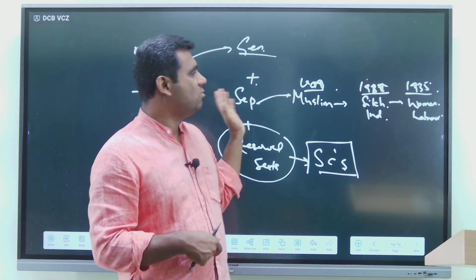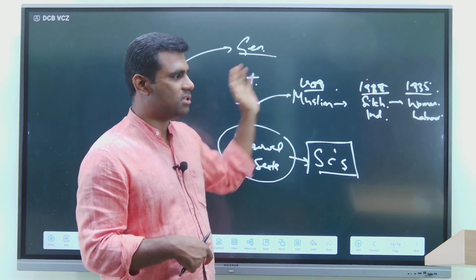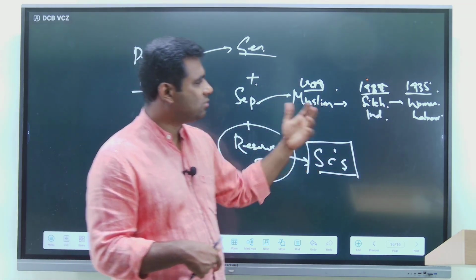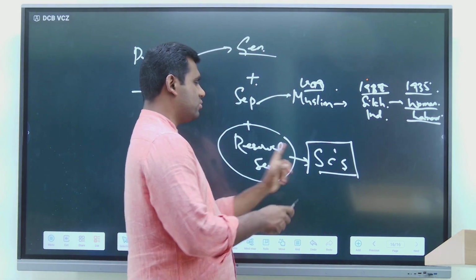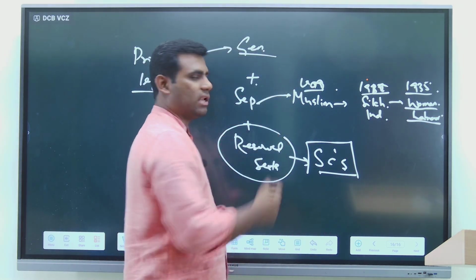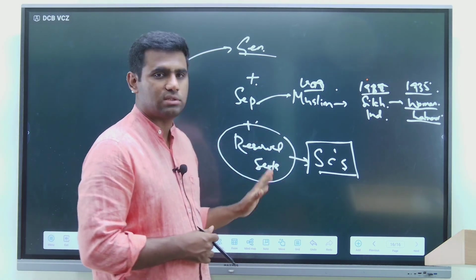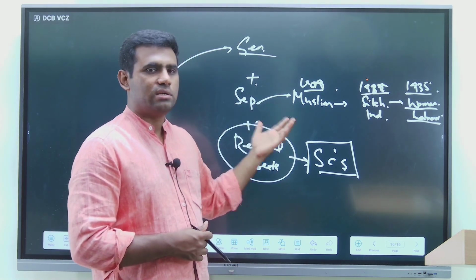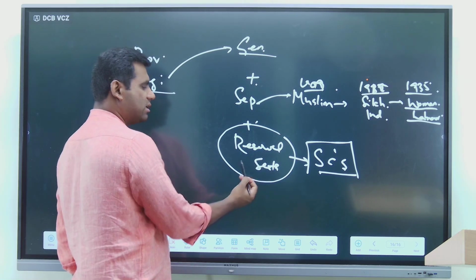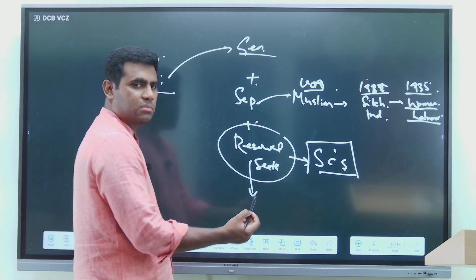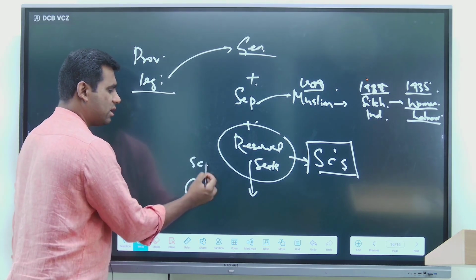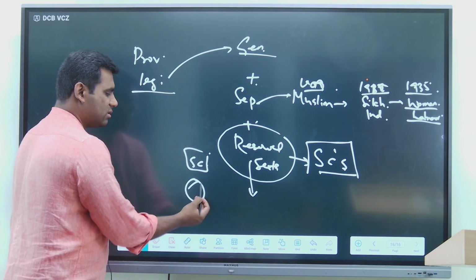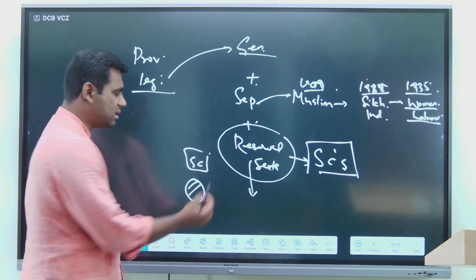So this is how the idea of separate electorates was further utilized to give representation for both women and labor, whereas when it comes to scheduled castes, it was not separate electorates, it was reserved seats, right? Basically the difference is that for members who contest elections to reserved seats, let's say this is a constituency and it is reserved for a member of a scheduled caste, it means that only an SC person can contest elections.